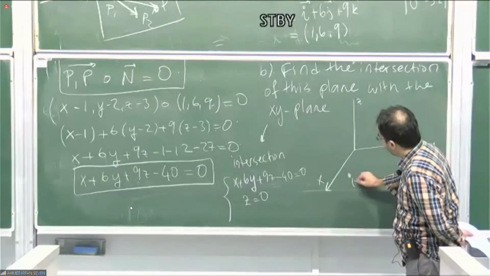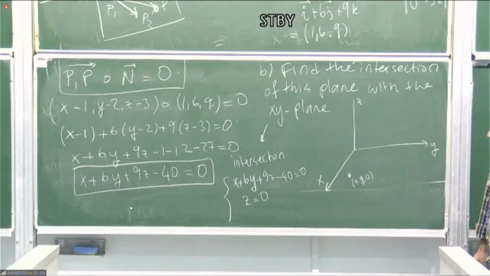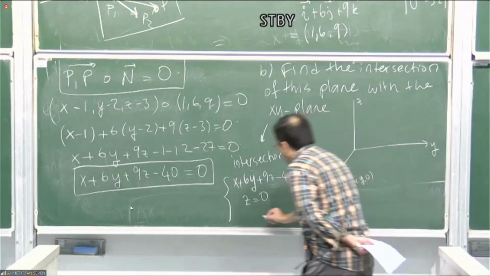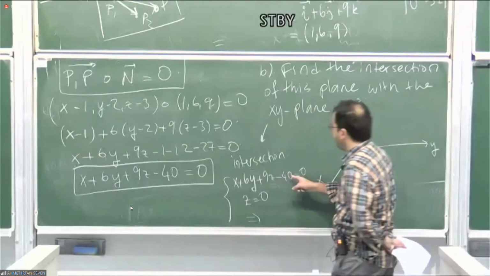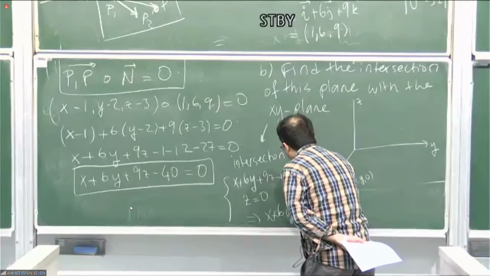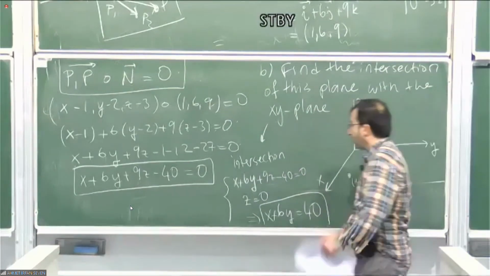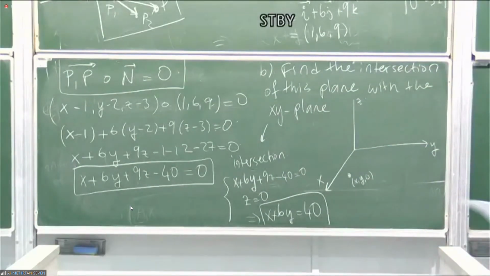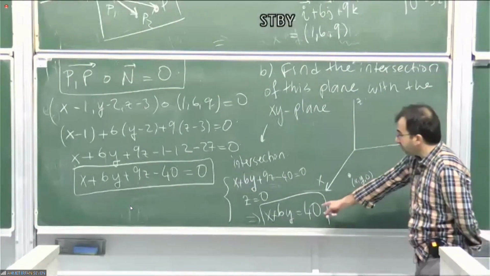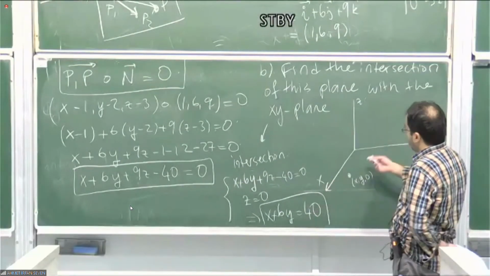So xy 0, okay. So if we put z equals 0 in this equation, what do I get? x plus 6y equals 40. What is this equation?